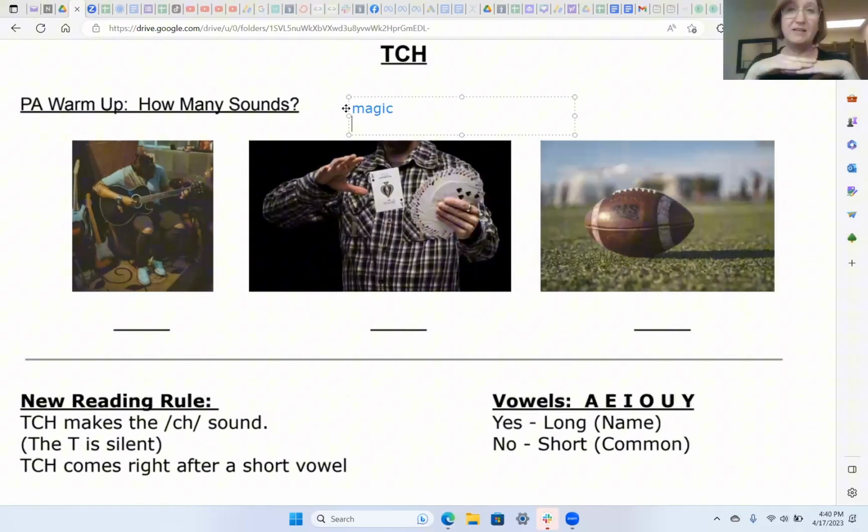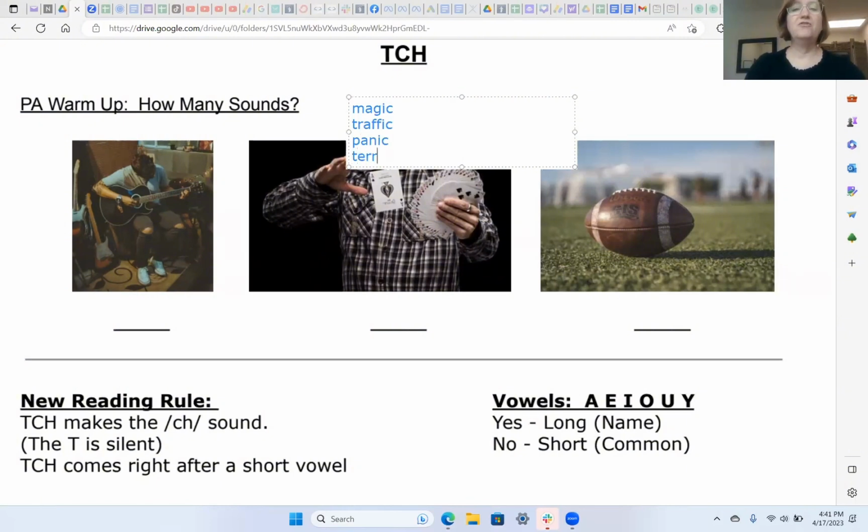It's just a little fact. Whenever you're spelling a multi-syllable word, not a one-syllable word, that's a different rule, but a multi-syllable word, more than one syllable, that ends with the ick sound, you're going to spell it with an IC always. Like traffic, panic, terrific.